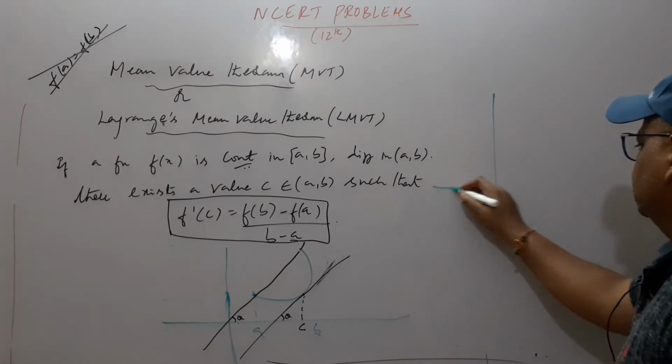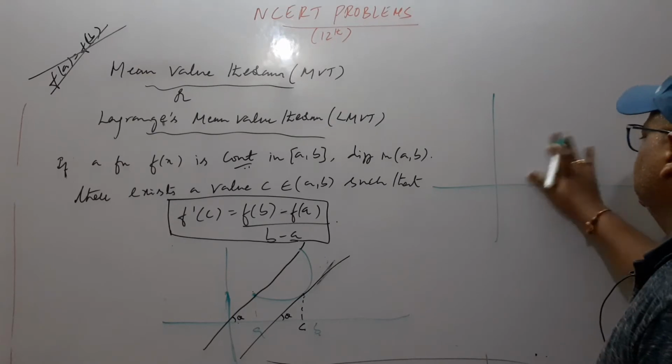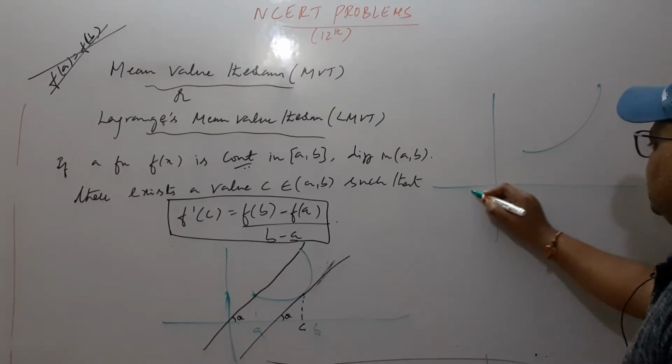See, let me have the graph like this. Yeah, let us say this is the graph. Let us say I have a secant here.